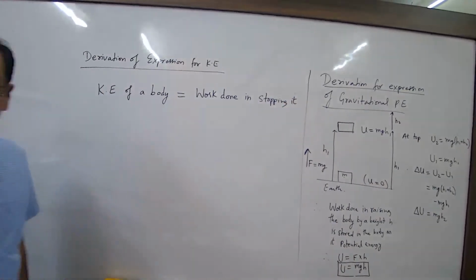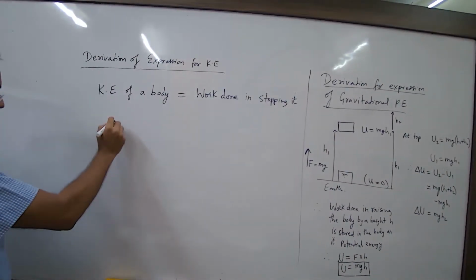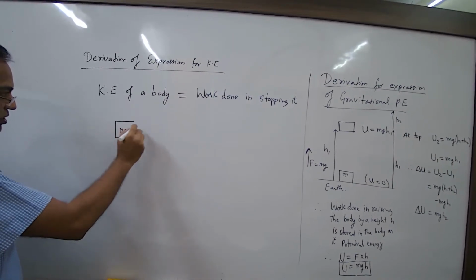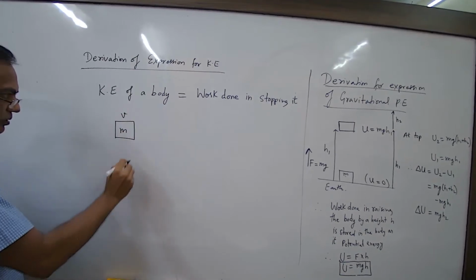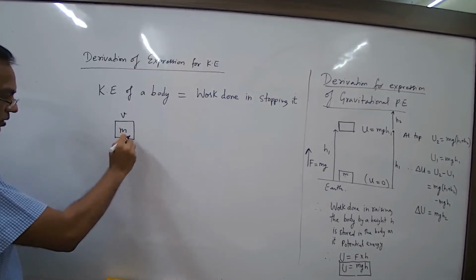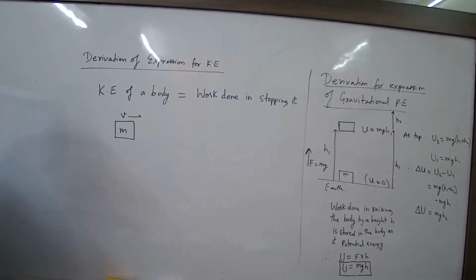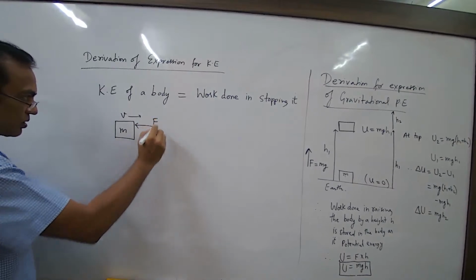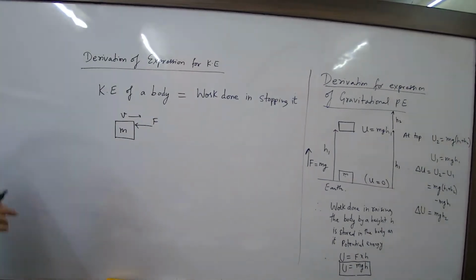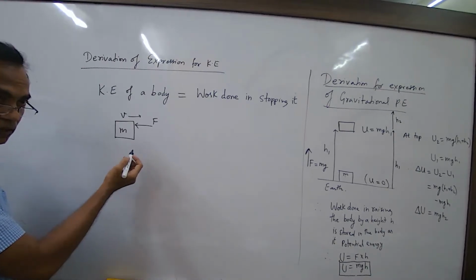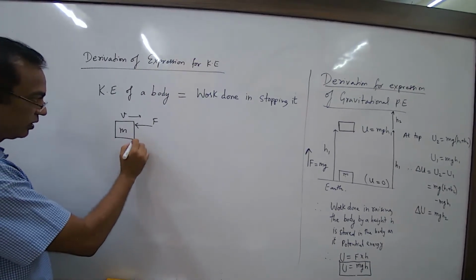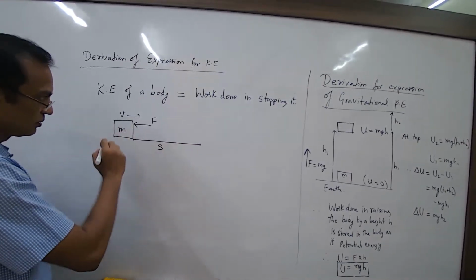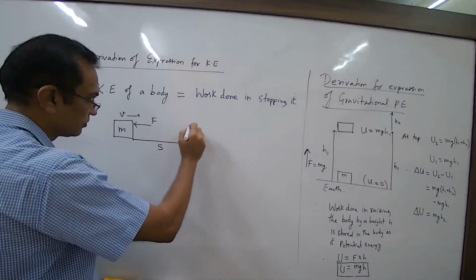Let me draw this scenario over here. Suppose this was a body of mass m. Let us say it was initially moving with velocity v in this direction. Now I applied a force in the opposite direction. That's a moving body, but will it stop suddenly? No. It will keep moving, and let us say after traveling a distance s, it finally stops.